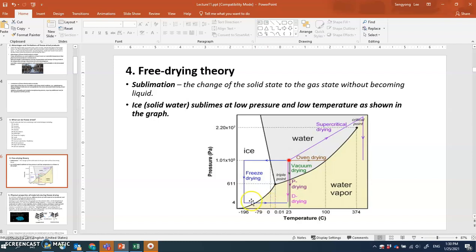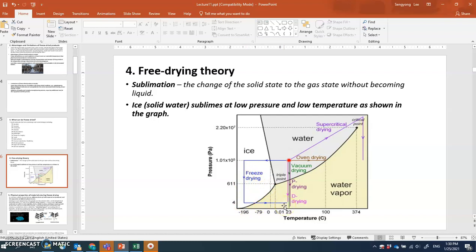It's not going to go through the liquid state. Instead, it's going to go directly to the vapor state. Crystallized water can go directly to a vapor state. That is the process we call sublimation. So solid water, crystal, can be vaporized directly without going through liquid.